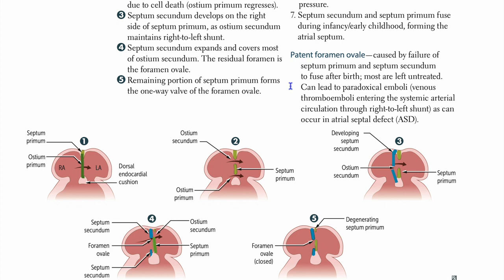Deep venous thrombosis. Then that gets detached and becomes an emboli, and then it goes through the system, right? So normally the emboli goes from the right atrium to the right ventricle to the pulmonary artery and gets stuck there, and that's why you have respiratory distress and pulmonary embolism.